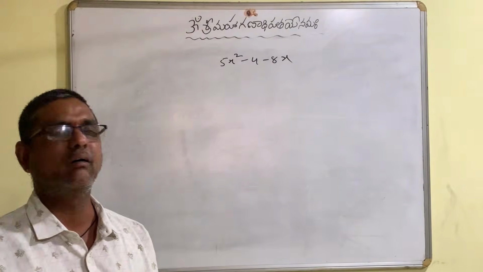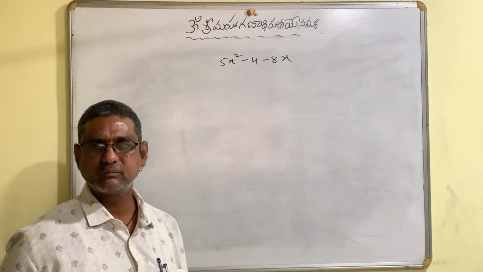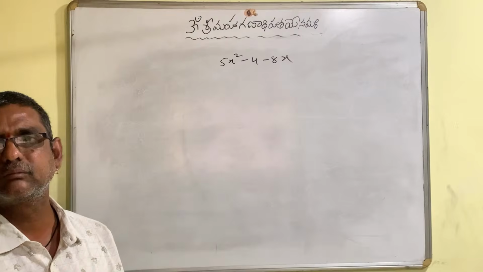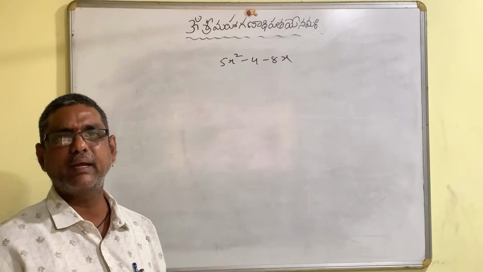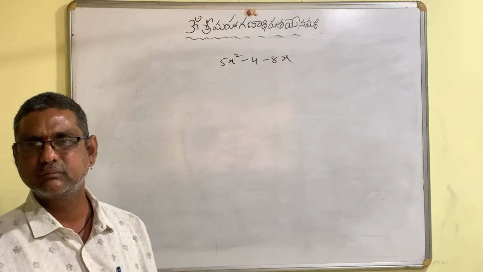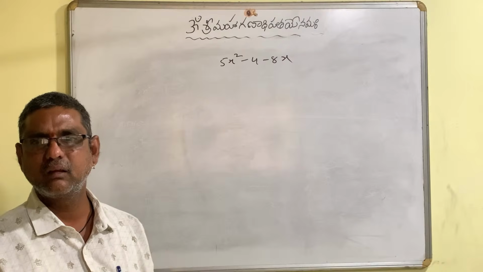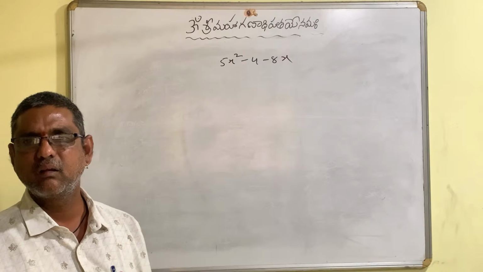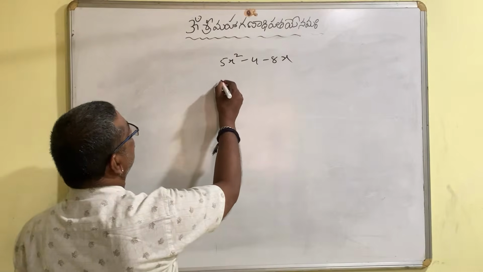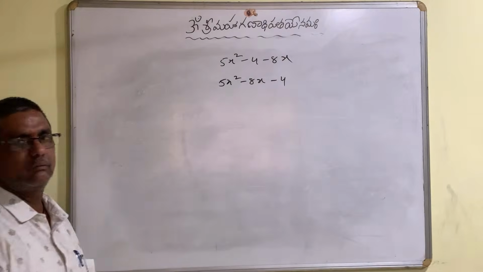Now, this one, 5x square minus 4 minus 8x, is it in the general form? No, it is not in the general form. So we need to make it 5x square minus 8x minus 4.